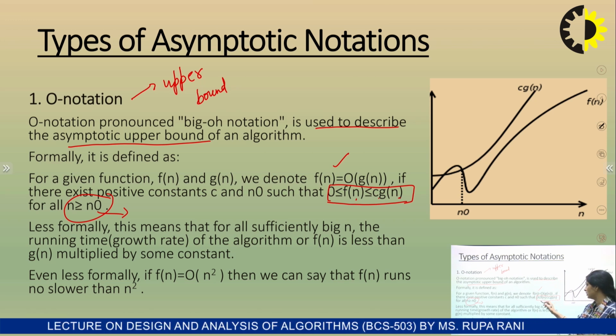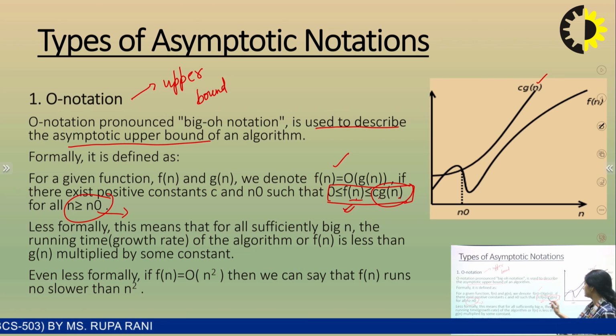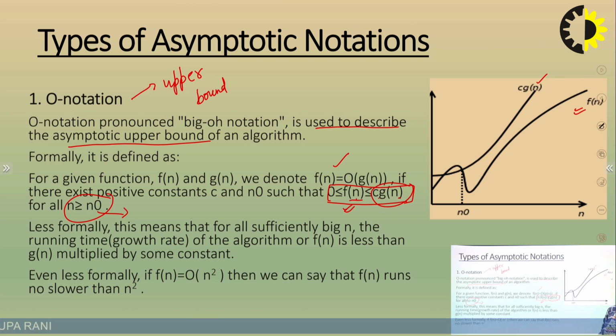You need to remember this condition only to solve big O notation. Now in this graph, c·g(n) is the larger value, so this will be on the upper side. f(n) is the smaller value, meaning the minimum number of steps, so this will be the lower side.